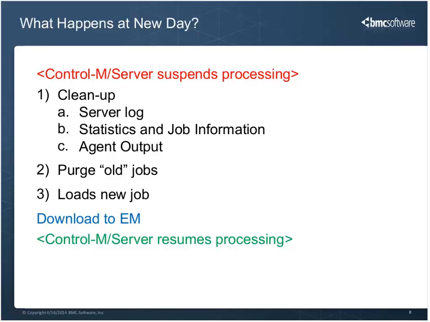And we're going to look at the rules of how it does that. And then the last thing it does is it loads the new jobs that it needs in for the next day. Of course, the Control-M Server does suspend the processing at the very beginning of this, and then it has to do the download of this new environment to the EM so that those are in sync, and then it resumes processing at the server level.